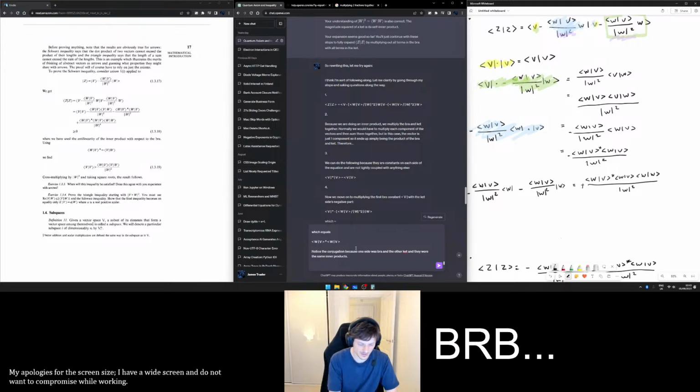And this is going to be times W W. Notice the inner product of W because one was bra and one was ket, over magnitude W squared. Notice how the denominator continues to stay the same. Notice how the two negatives equate to a plus, positive.